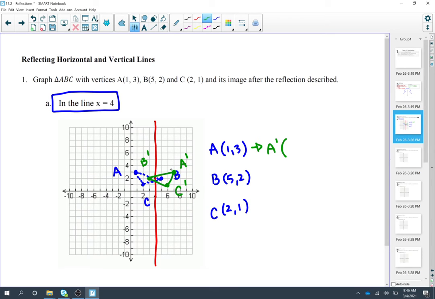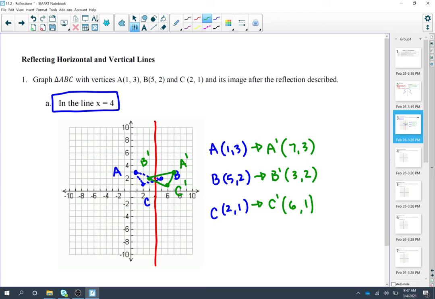And that's our reflection. Then if I fill in my points, A prime is now at 7, 3. B prime is now at 3, 2. And C prime is now at 6, 1.